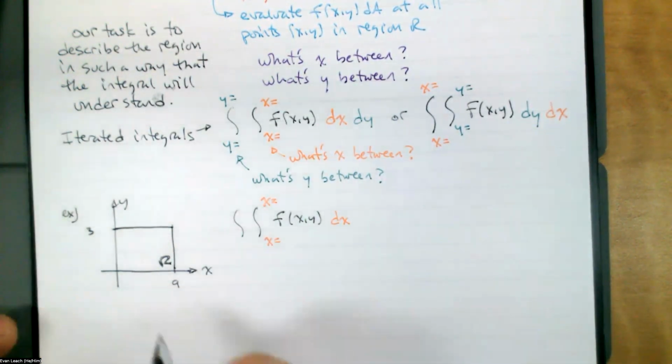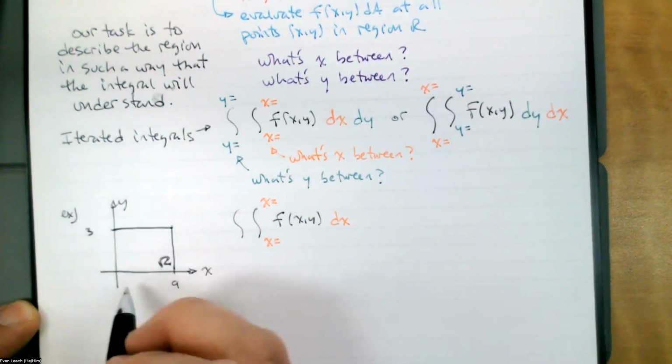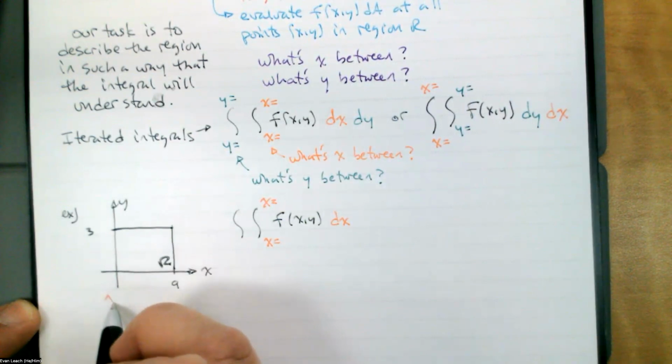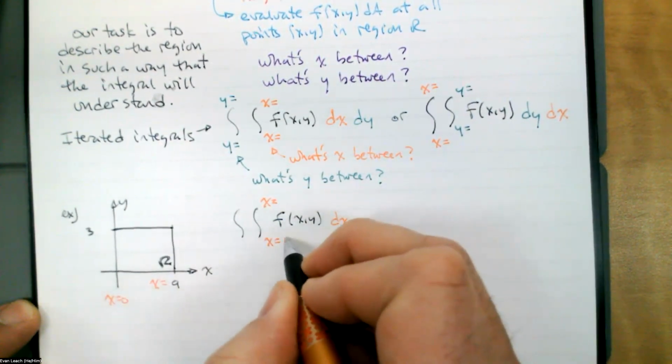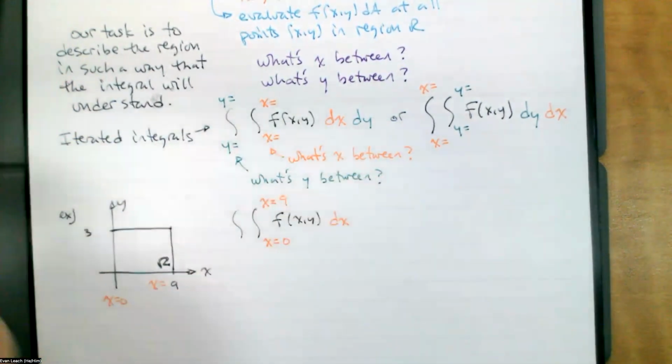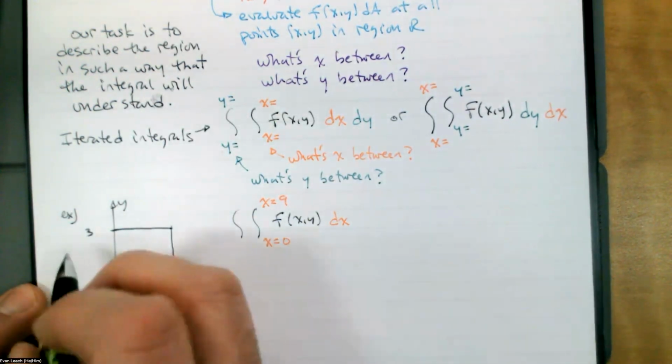If we pick at all these different y values, x starts off at 0 and ends at 9, because we just have a rectangle, which is just the intersection of two intervals. That's why this one is most basic. X goes from 0 to 9. And while x goes from 0 to 9, y goes from 0 to 3.